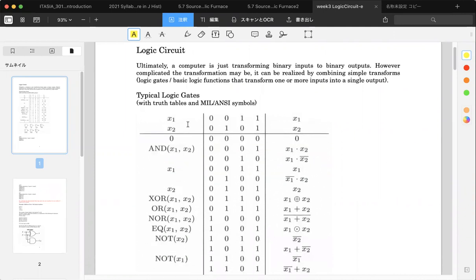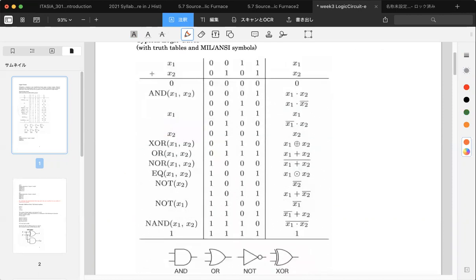So typical logic gates suggest that when there are two inputs, one of them is x1 and the other is x2, and they are attributed with different truth values, these different expressions would give you different output truth values, and that's how this whole table works.